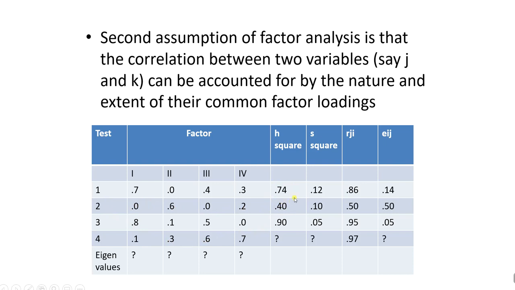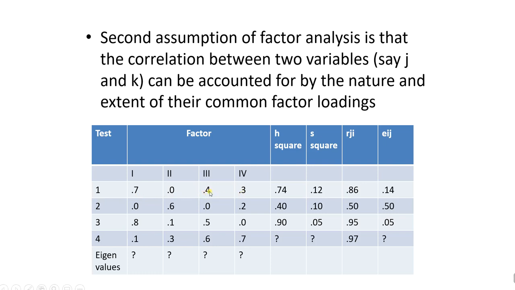How do we arrive at this value? It is simple. You square this 0.7, this will be 0.49, 0 will be 0, 0.4 will be 0.16, and 0.3 will be 0.09.